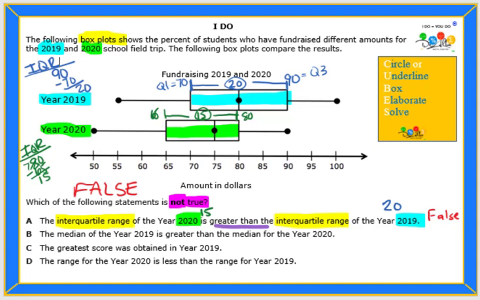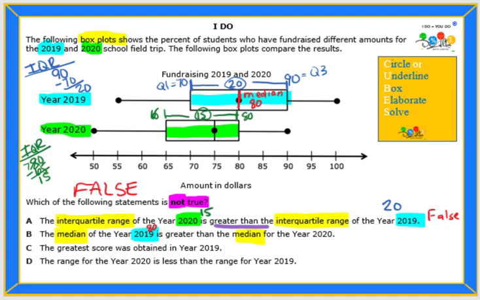So now I'm going to look at the median for these box plots. Remember that the median is the number in the middle, and in a box plot it is represented by a line somewhere inside the box. So here is my median, and that number is 80 for 2019. I'm going to write that here. We have the median is 80.